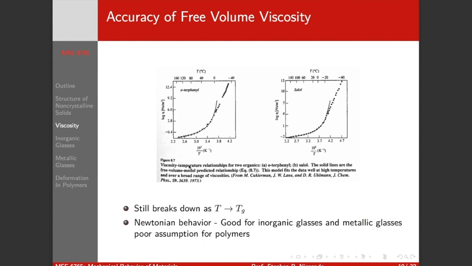There's a lot of things we didn't talk about, such as free volume generation, free volume annihilation and relaxation, and free volume diffusion. But these are kind of second order or higher order effects that, when you're thinking about initial flow behavior, don't really come too much into play.